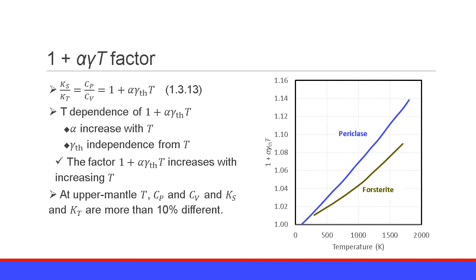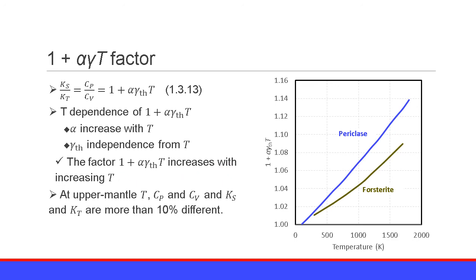Then the temperature dependence of 1 plus alpha gamma T is of course positive because alpha, gamma and T are all positive values, and alpha increases with increasing temperature, and gamma is independent of the temperature. Therefore, the factor 1 plus alpha gamma T increases with increasing temperature.